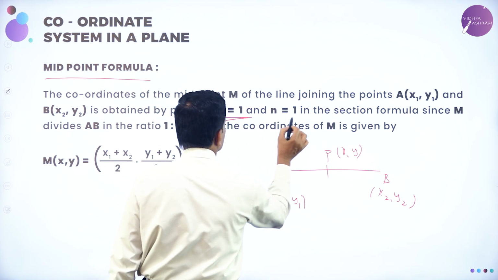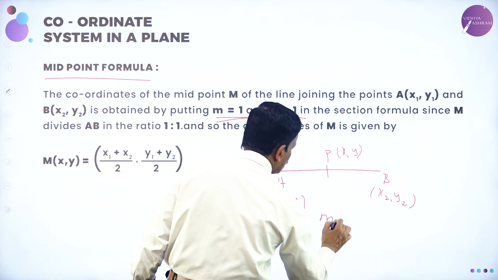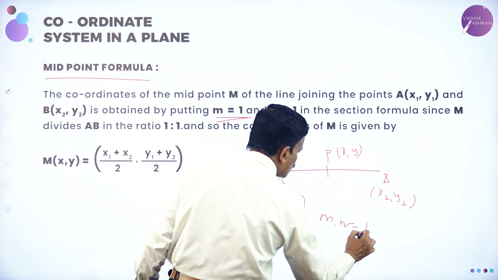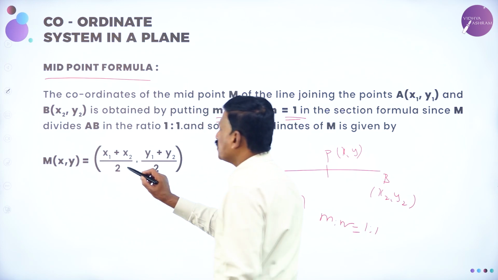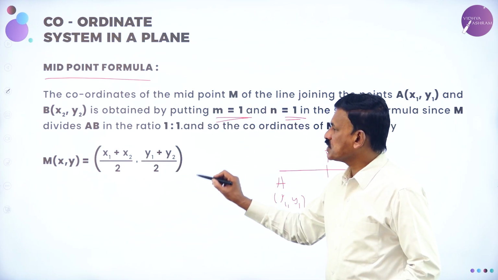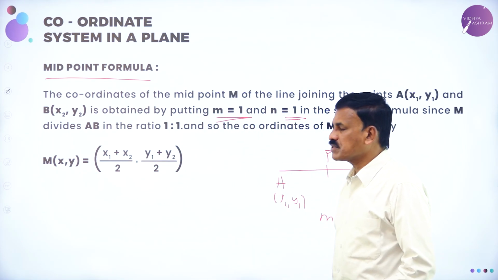If it divides in the ratio m:n equal to 1:1, then what happens? You are going to get the formula (x1 + x2)/2, (y1 + y2)/2.